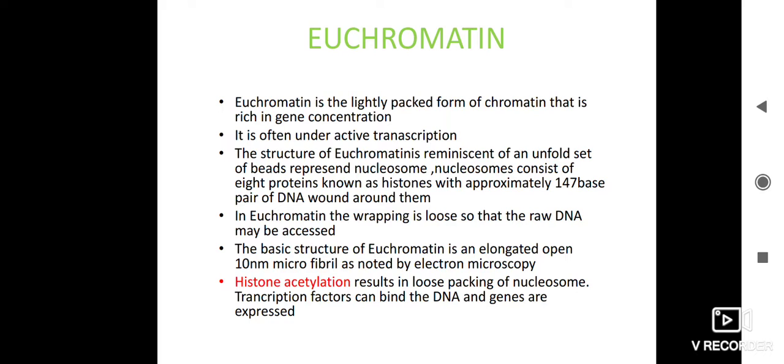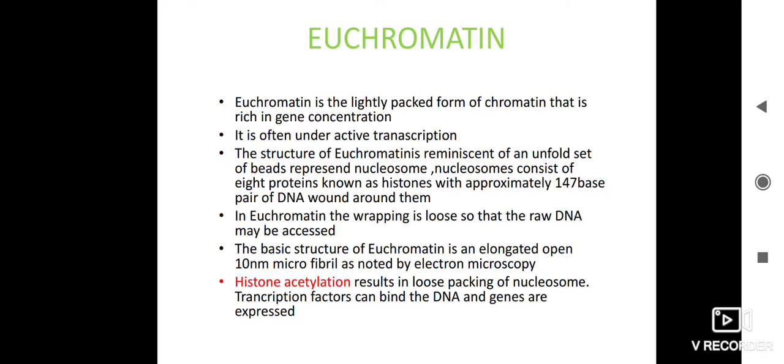Euchromatin is often under active transcription. Its structure resembles an unfolded set of beads, which represent nucleosomes. A nucleosome consists of 8 proteins known as histones, with approximately 147 base pairs of DNA wound around them.